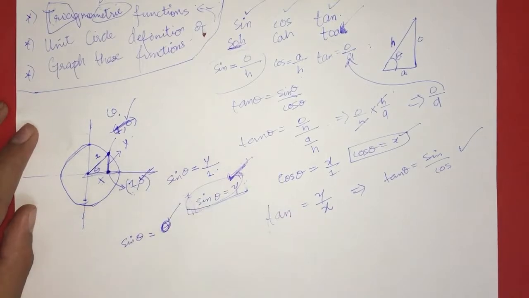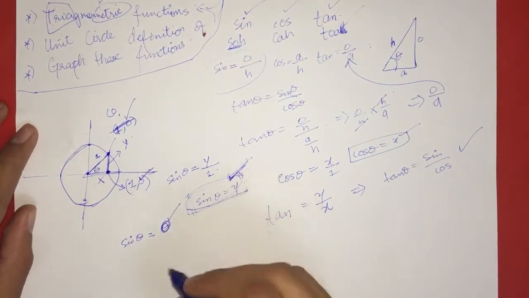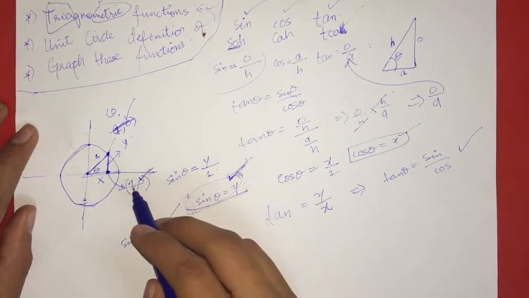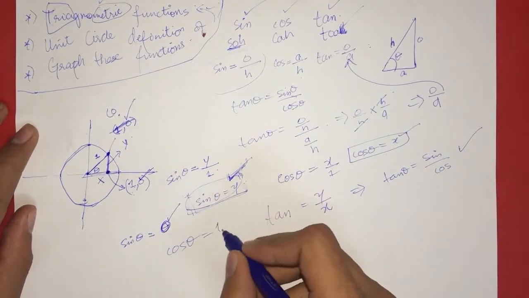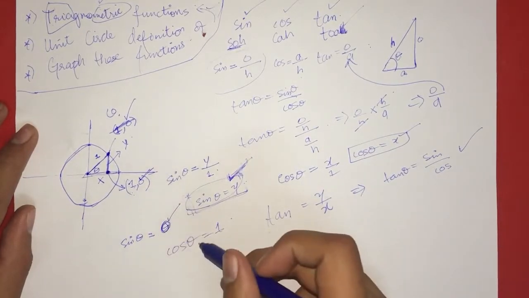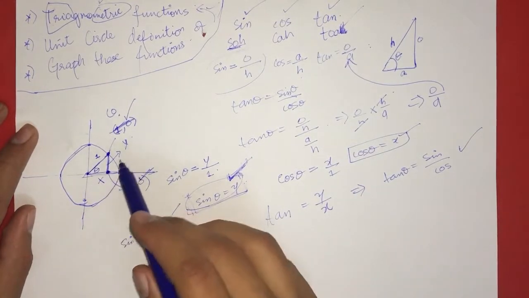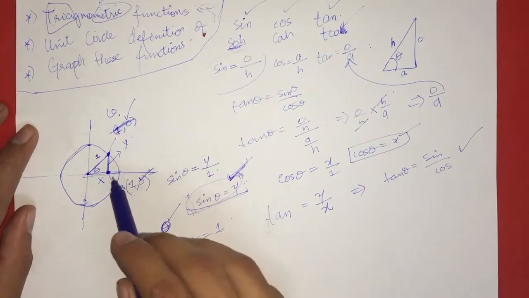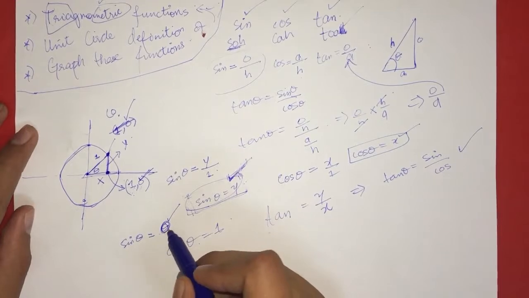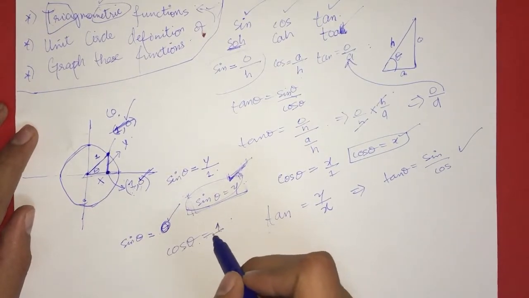And what's going to be the cos? Cos theta equals x, and the x coordinate here is 1. So at the point (1, 0), its sine is 0 and its cos is 1.